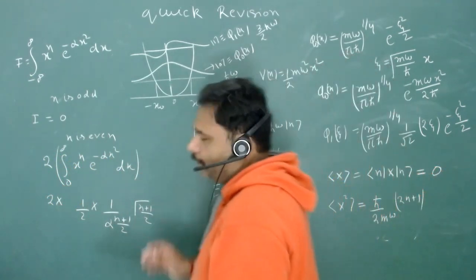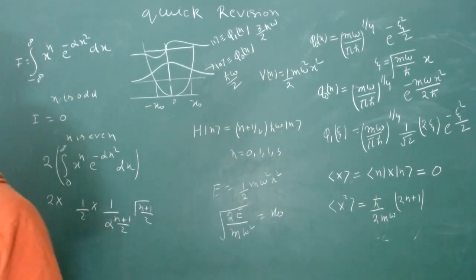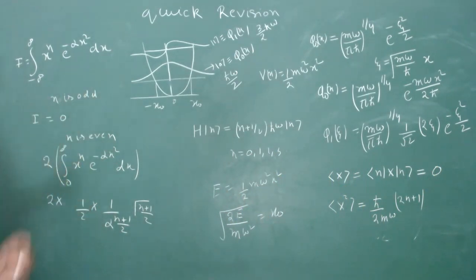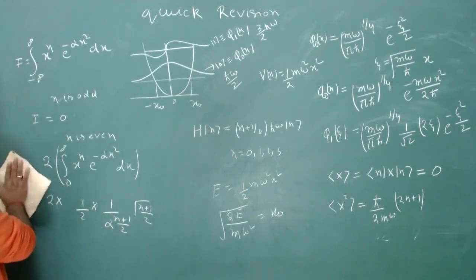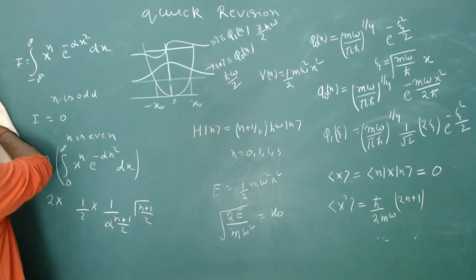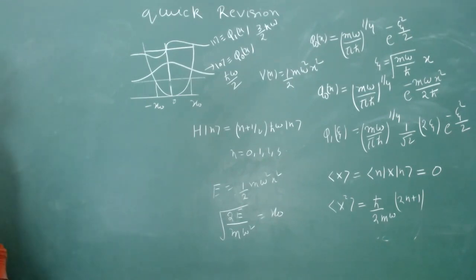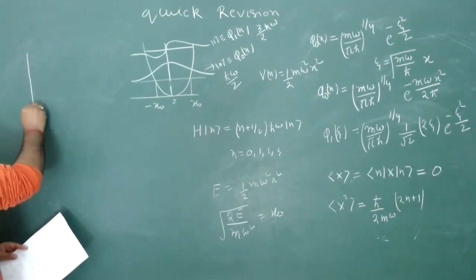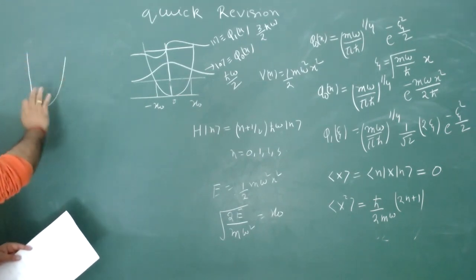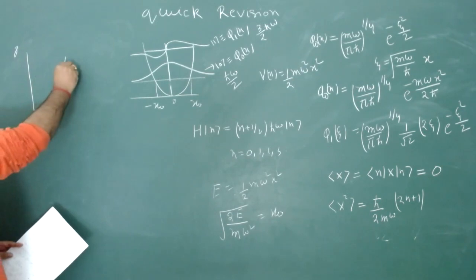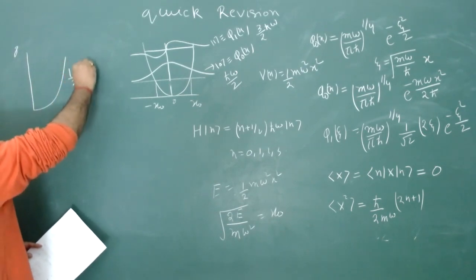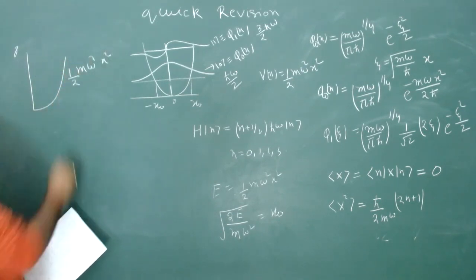sometimes they will give you a problem based on a semi-infinite potential. So for the semi-infinite parabolic potential, I am just using this space to draw it. This is your infinite potential, and this is parabolic. Here it is infinite, and this is half m omega square x square.